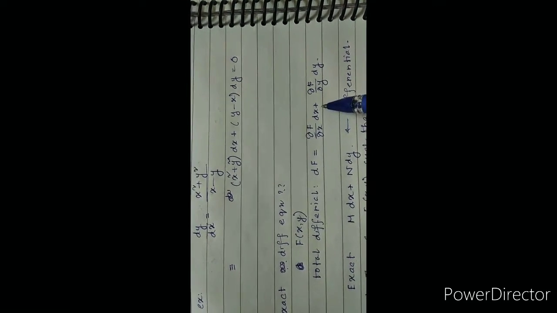Let f be a function of two variables x and y. The total differential of this function is denoted by d f, and is written as del f del x into dx plus del f del y into dy. This is called the total differential of the function.